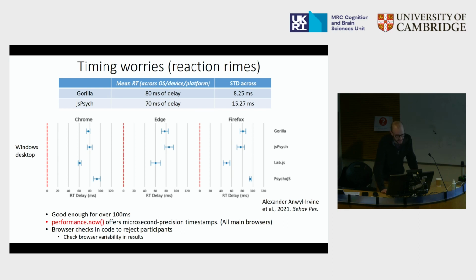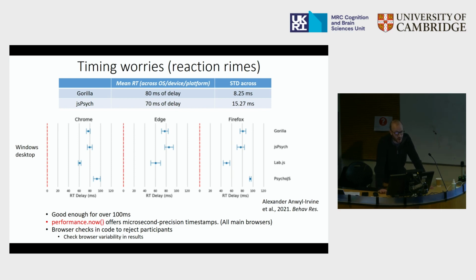So this was, as I say, a paper by Alex Irvin, and it's quite a nice paper looking across reaction times and stimulus presentation times on Windows, on desktops, on laptops, on Macs, and across different internet browsers, and also across different online testing platforms.